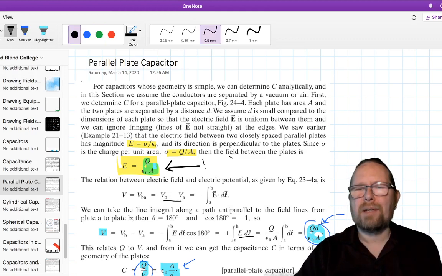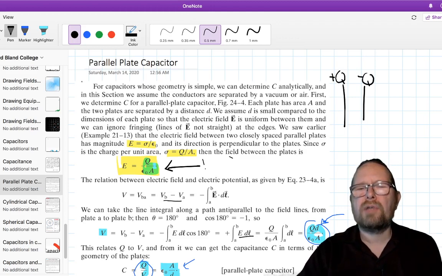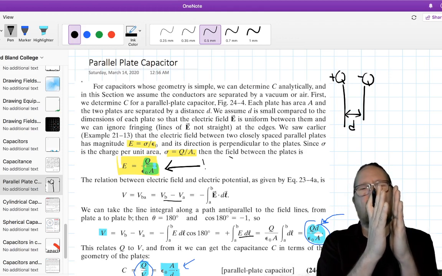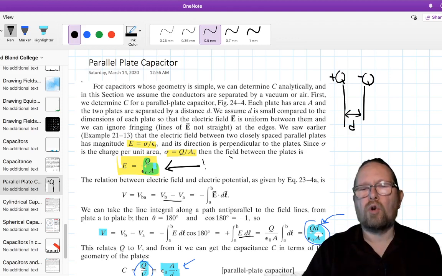So here's my parallel plate capacitor, one plate, two plates. Here's my charge plus Q, here's my charge minus Q. Okay. If these plates are close together, if D is small, there's going to be a greater attractive force between the positive charges on one side and the negative charges on the other side, and that will draw more charge to fill up the plus side of the plate and to fill up the minus side of the plate.